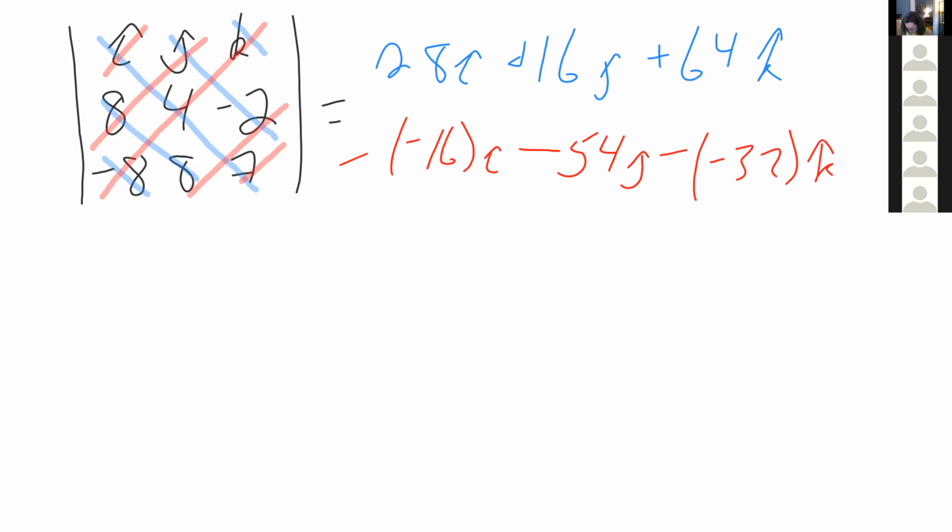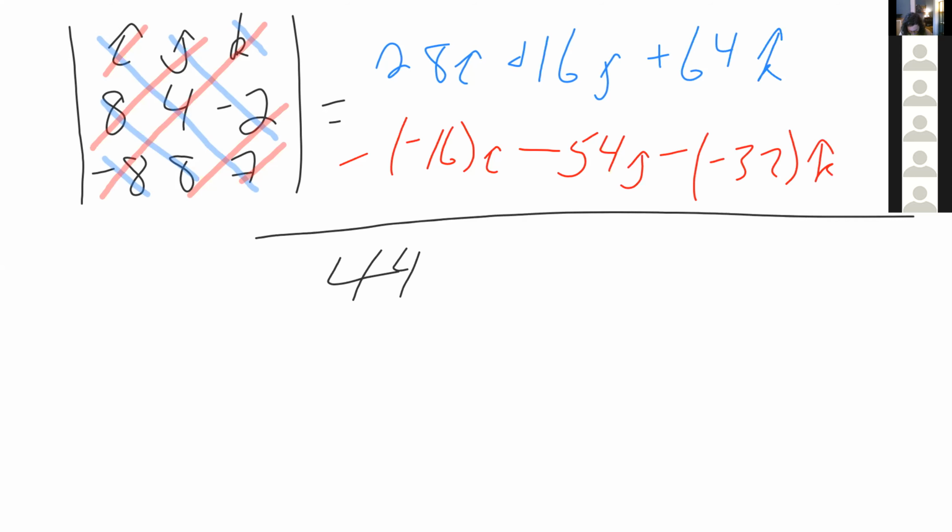And now we go ahead and combine our like terms. 28 minus negative 16 is going to give us 44 I hat. 16 minus 54 will give us negative 38 J hat.